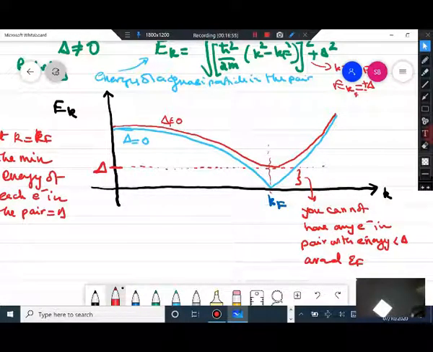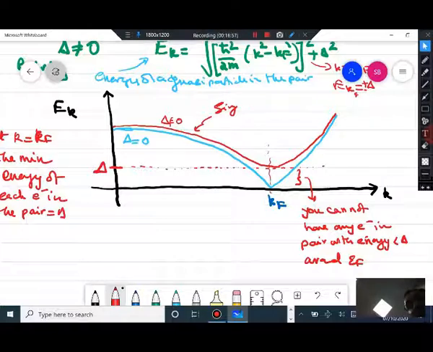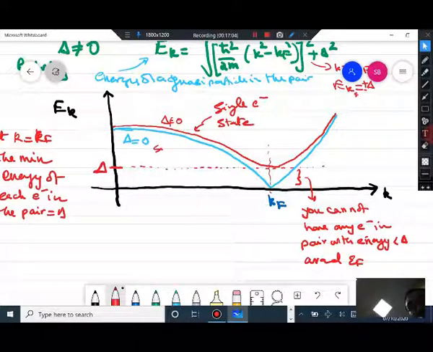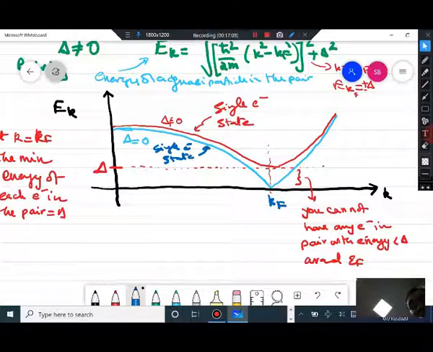So these are the single electron states. It is important to see that the above expression shows that within plus minus delta of the Fermi energy, you cannot have any electrons which have energy less than delta.